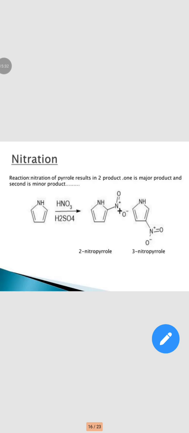First of all, nitration. Nitration of pyrrole results in two products, one major and one minor.